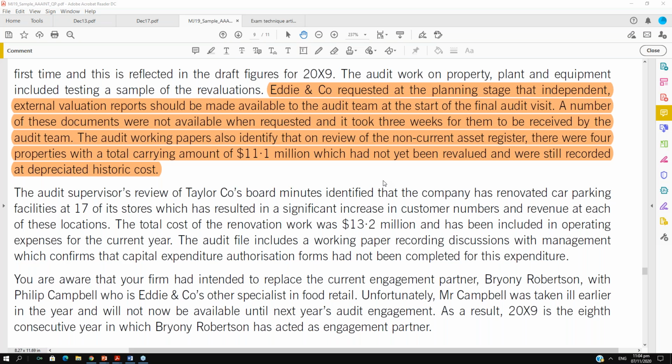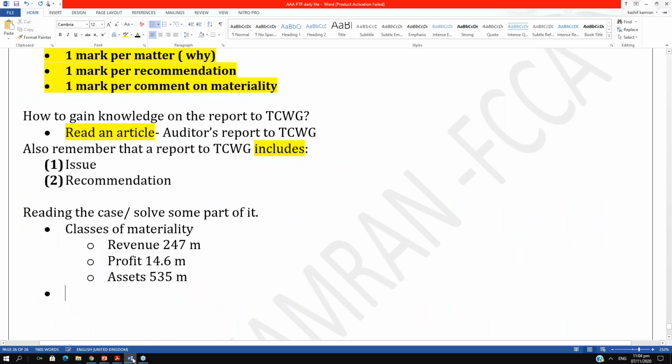Is that important to be informed to TCWG that we didn't get the documents on time and it delayed our audit? It caused inefficiencies in our audit, right? So we requested the external valuer report, but it took 3 weeks for it to be received. So the very first issue you will be telling in the report to those charged with governance is number one, issues.